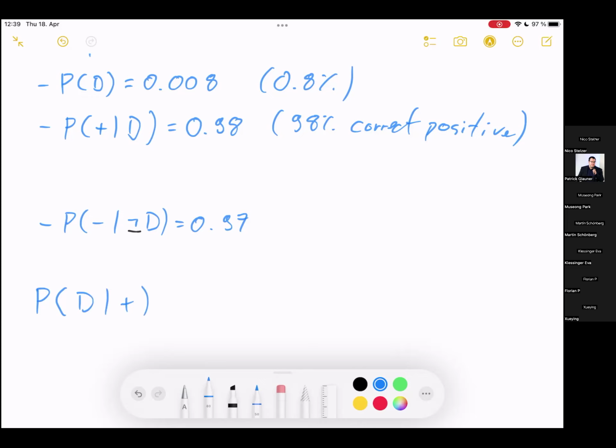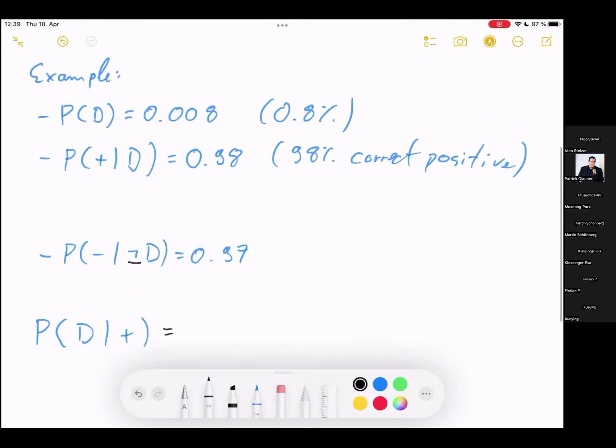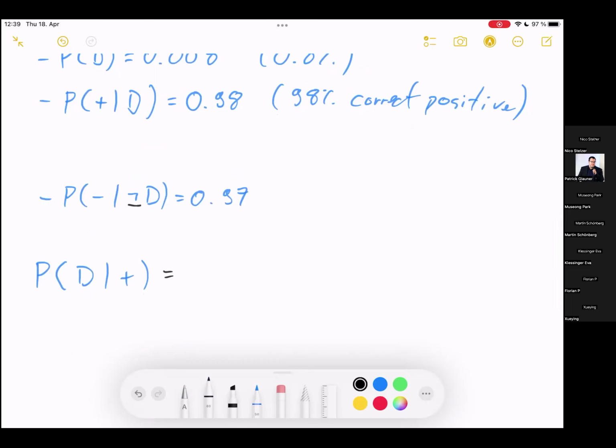And for this, we can use our Bayes rule from before. So here we have general variables X and Z. And now we can just plug in D or plus whatever. And so we know that the probability of a disease given a positive test, which we don't know from our data, we can reformulate this.